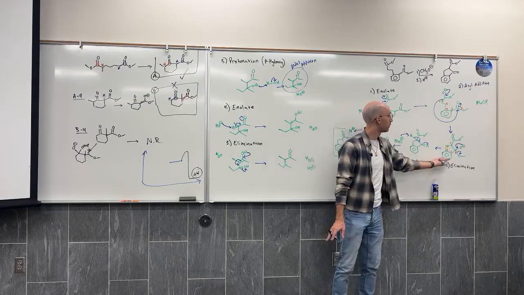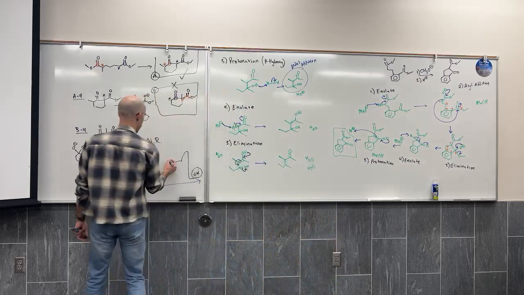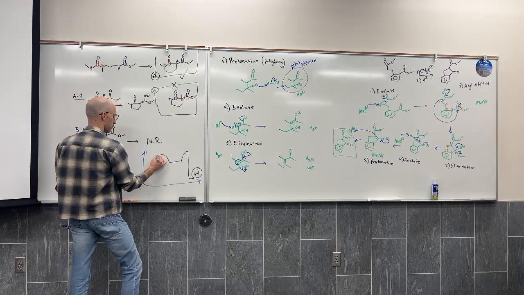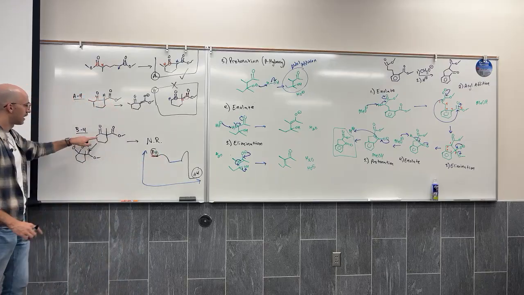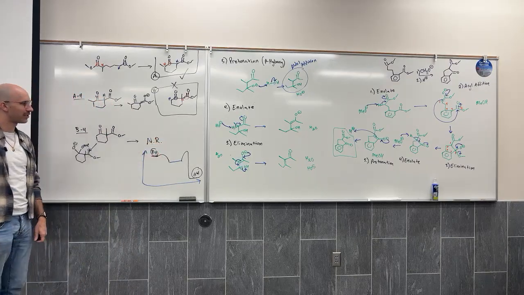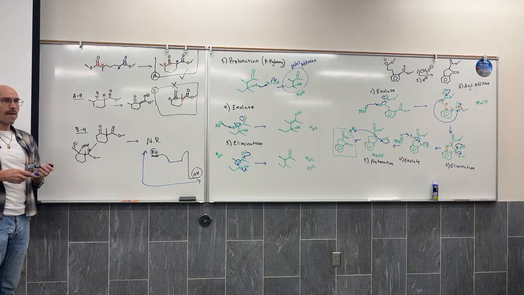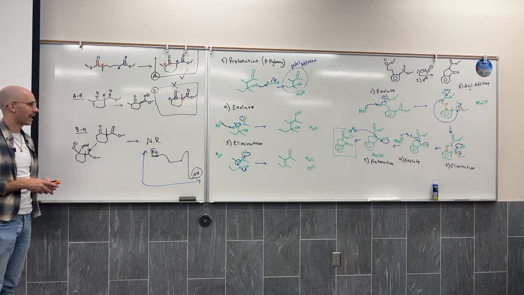It's not going to be undone. Whereas B, when B forms, it sits at this higher place where it can have its reaction undone. What we describe this as is a thermodynamic well.